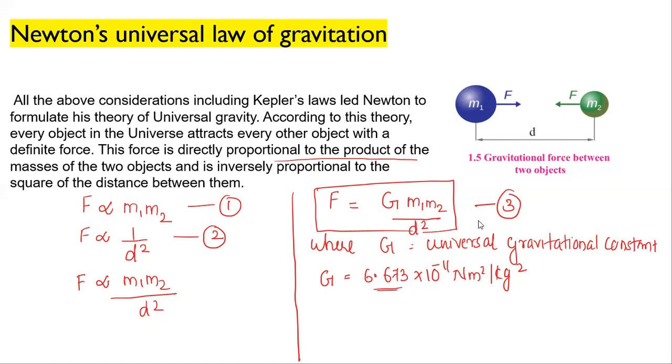If the distance between the two bodies increases, the force will decrease, because distance is in the denominator. Inversely proportional means if one increases, the other will decrease. I hope it is clear to you. This is very important. State and derive Newton's universal law of gravitation.